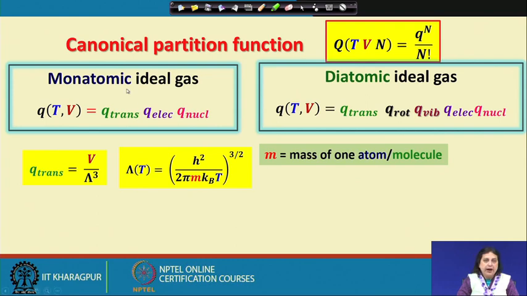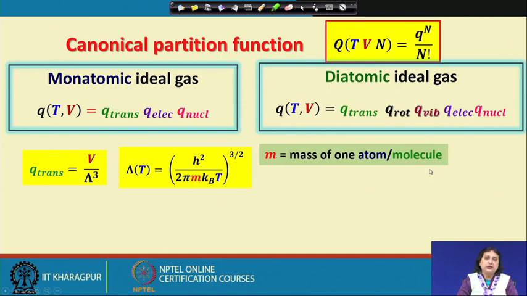Therefore, in the case of a monatomic ideal gas, the small m is the mass of each atom present in the system, and in the case of the diatomic ideal gas, this corresponds to the mass of each molecule, which evidently is the total mass or the mass associated with the center of mass of the molecule.